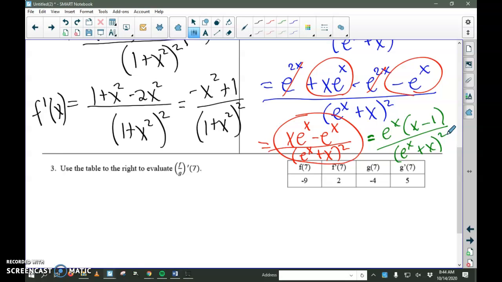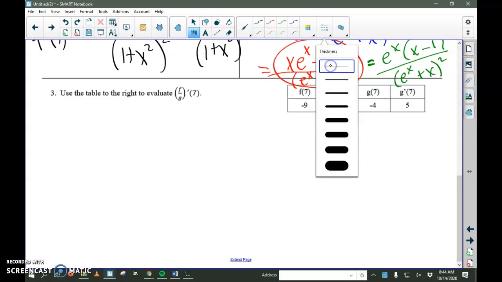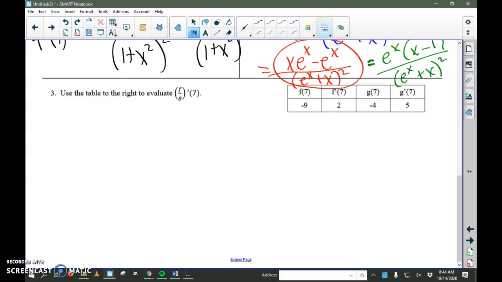All right, let's do this last one. It says, use the table to the right to evaluate f divided by g prime of 7. And we saw something with a table yesterday with the product rule, okay? In fact, I think it's the same table. So again, my suggestion is that you could do this generically.